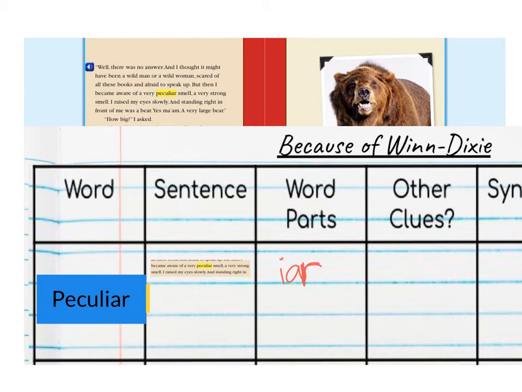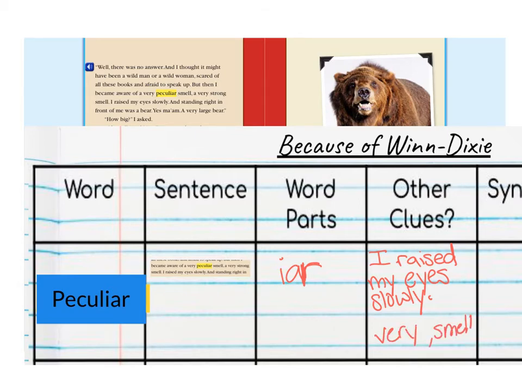And now I'm thinking about other clues in or around the sentence. It says, but then I became aware of a very peculiar smell, a very strong smell. And then it says, I raised my eyes slowly. I think I raised my eyes slowly might be a clue. I'm also thinking it's some kind of smell, and it uses this word very in front of it.